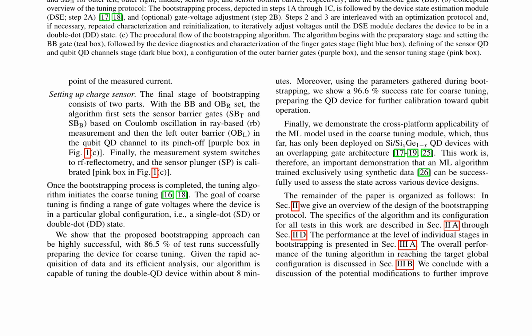The machine learning model used in coarse tuning has been successfully applied across different device designs, including QD devices. The paper concludes by discussing potential modifications and the importance of efficient tuning algorithms for advancing quantum computing technology.